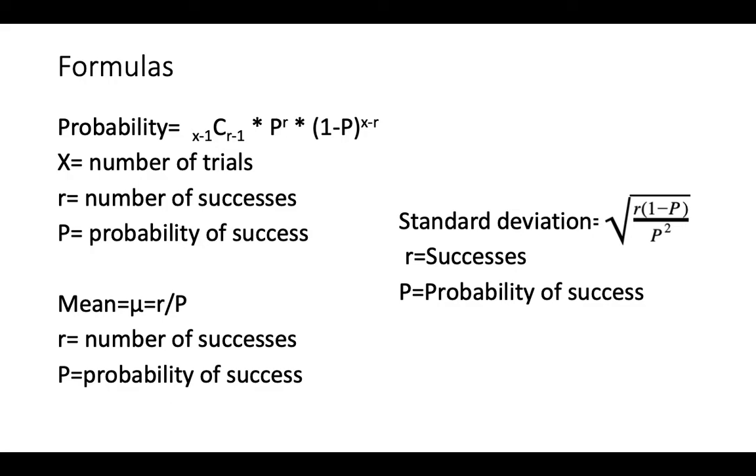The mean is equal to r over p. The standard deviation is equal to the square root of r times (1 minus p) over p squared, where r is the number of successes and p is the probability of success.